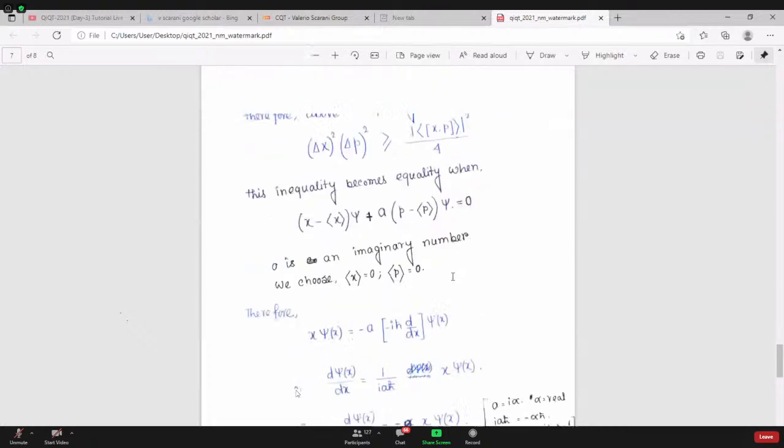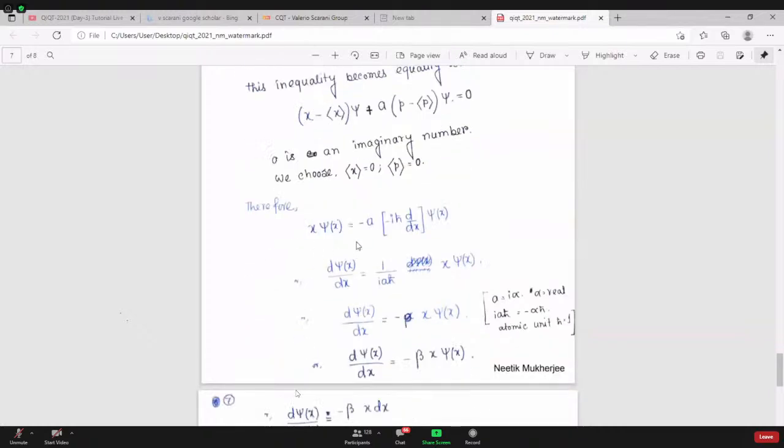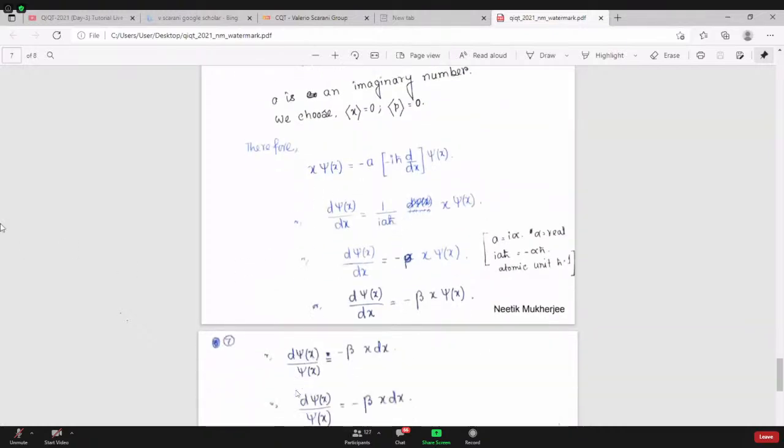For the simplest case, let us assume that average x is 0 and average p is 0, because average x and p are just numbers. If these numbers become 0, this will not change the property of the equation, it will just remove the constants. We also assume that a is an imaginary number, a equal to i alpha.